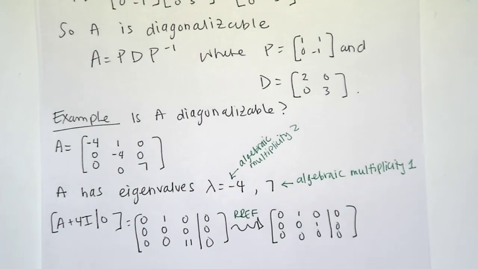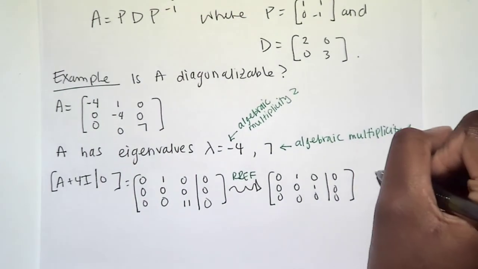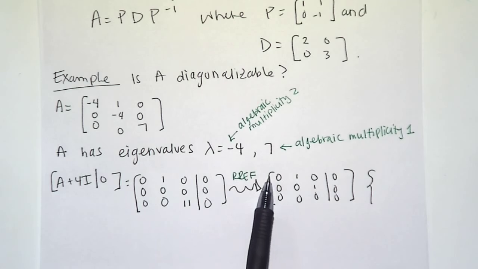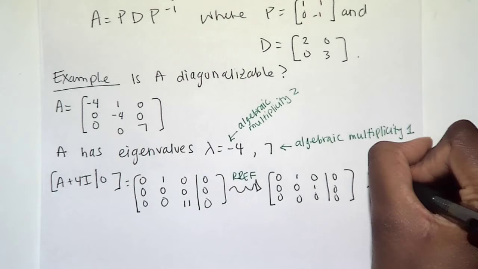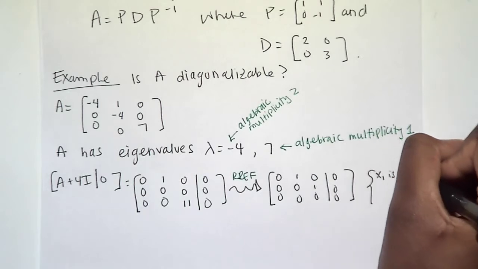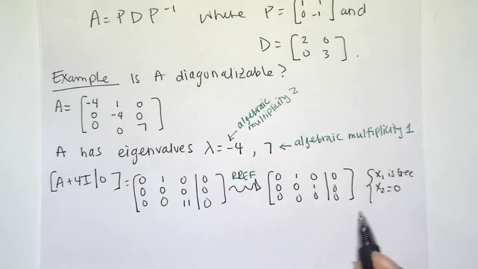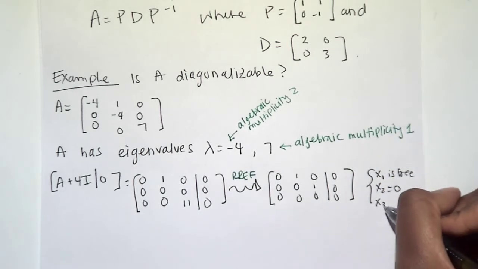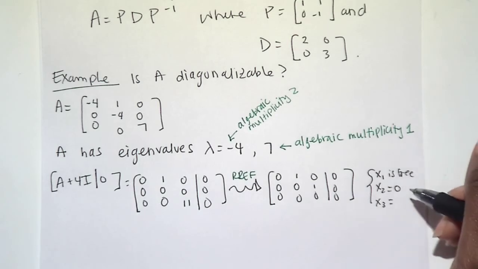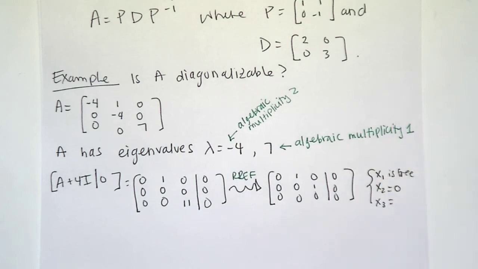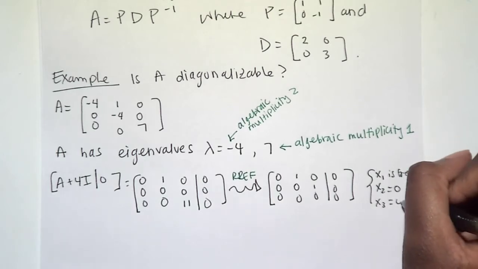So what does that tell us? I'll walk through the whole general solution because this one is a little trickier to solve. Do we have a pivot right here? We do not, so that tells us that x1 is free. For x2, we got a 0, so x2 is 0, and x3 is 0.